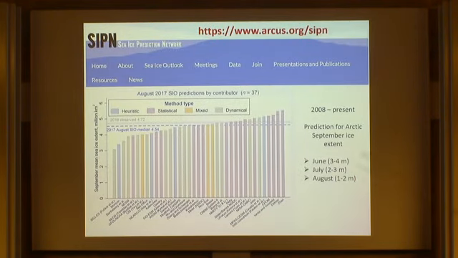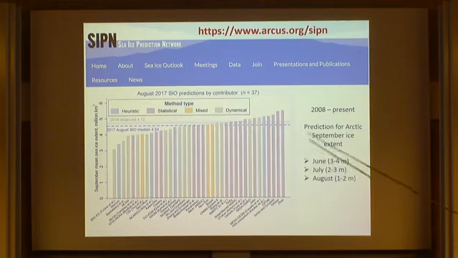Since 2008 there is the Sea Ice Prediction Network, where everybody can put up predictions for the September sea ice extent. There are three time periods where you can put up your predictions: by the beginning of June, based on May data, at the beginning of July, and at the beginning of August, so 3 to 4 months up to 1 to 2 months ahead.